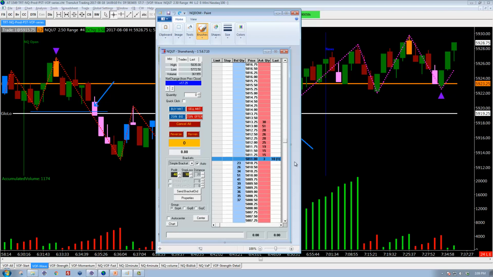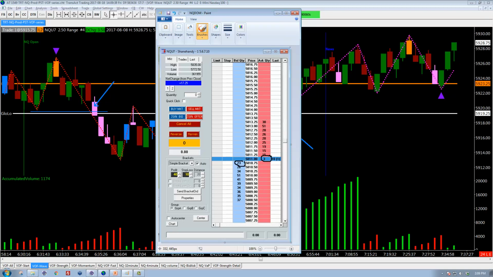Think about it for a moment. There's currently 3 contracts on offer. I'll sell to you at 58.11 if you're willing to buy at 58.11 even. And there's also 23 on bid. I'll buy from you at 58.1075 if you're willing to sell it to me at that price. There's no way for these 2 orders to meet.